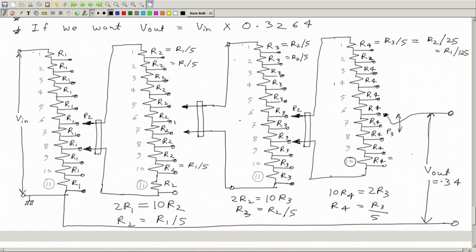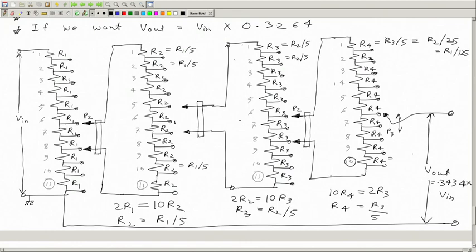Then here we have 1, 2, 3 again. So 0.003, that means totally 0.343. And then finally here we have 1, 2, 3, 4 from the lowest point, 4 resistances. So another 4, times V in, in this diagram.